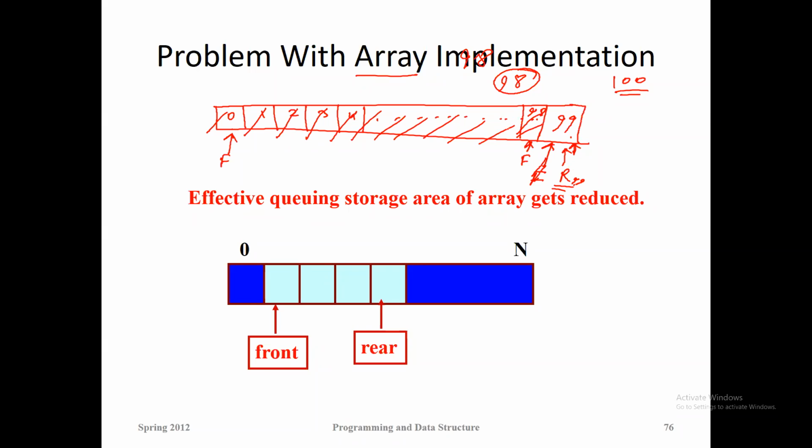So though apparently it looks like you have deleted all the front elements from your queue, practically that free space cannot be reused.